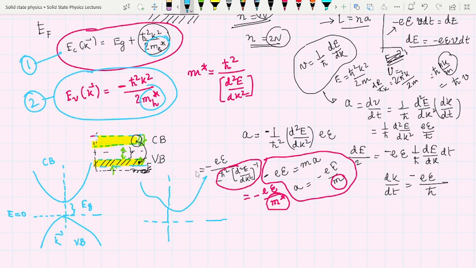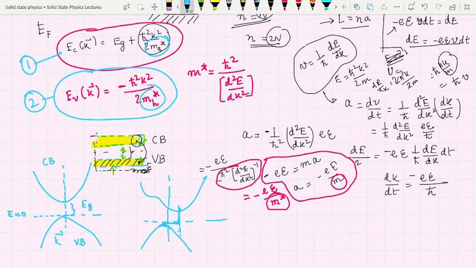But the more important thing is the lowest point of the conduction band and the highest point of the valence band. This is the maximum point and this is the lowest point of the conduction band, but these are not placed on the same k line. This is placed at some other k value. So we have to go like this and this for the excitation of the electron.